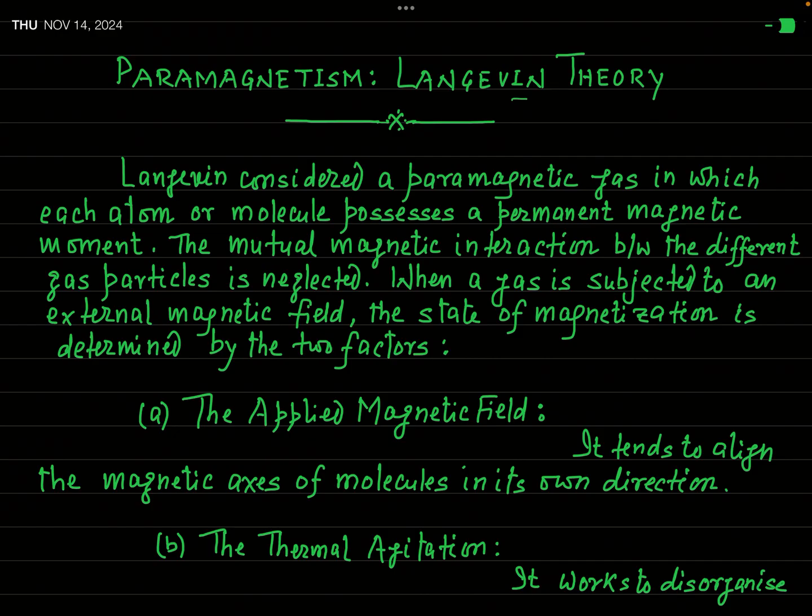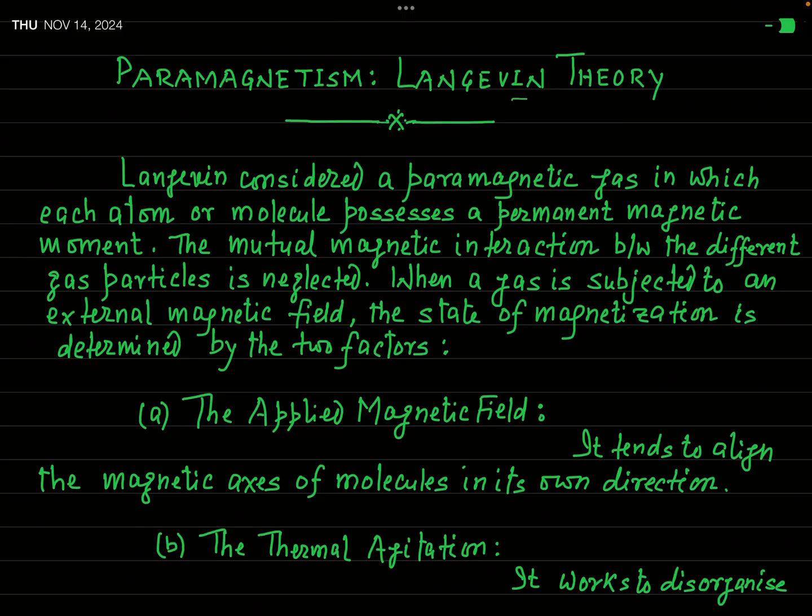But you will see the result obtained for the magnetic susceptibility of paramagnetic gases in Langevin theory actually fails in some particular situation, in some particular type of paramagnetic material. So Weiss has modified the Langevin theory so that it may explain the paramagnetism of such materials too.